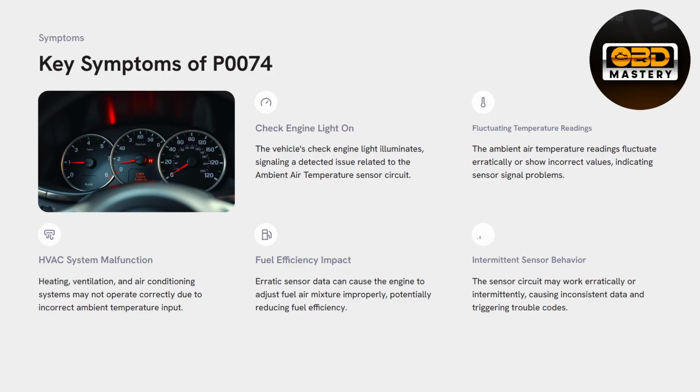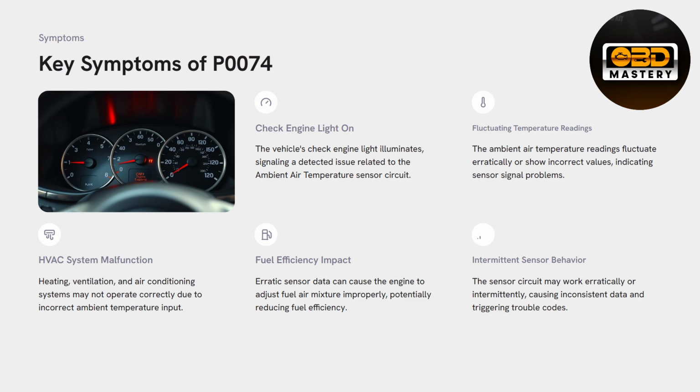The vehicle's check engine light illuminates, signaling a detected issue related to the ambient air temperature sensor circuit. Erratic sensor data can cause the engine to adjust fuel-air mixture improperly, potentially reducing fuel efficiency. The sensor circuit may work erratically or intermittently, causing inconsistent data and triggering trouble codes.